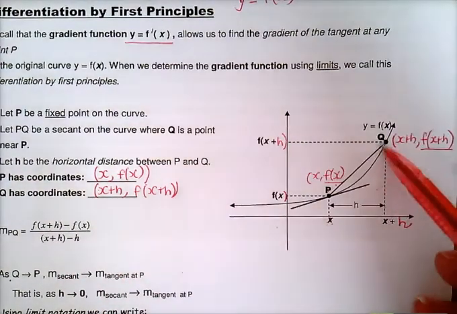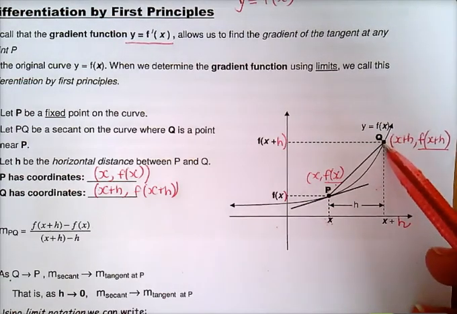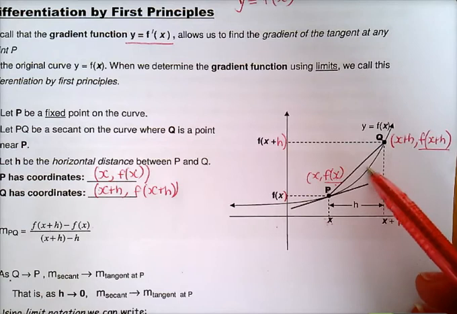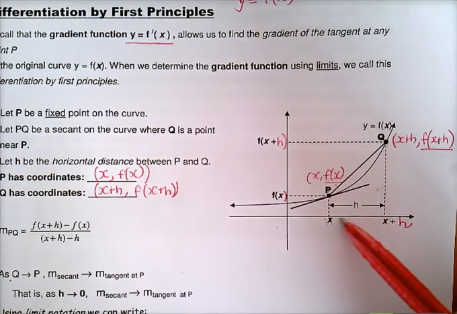Now, remember, we don't want the gradient of PQ, we want the gradient of the tangent. So as Q gets closer and closer to P, then this h will get smaller and smaller, and h will approach 0.